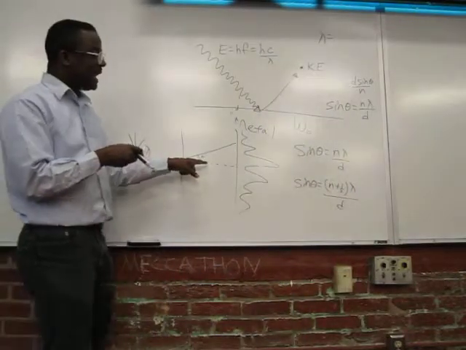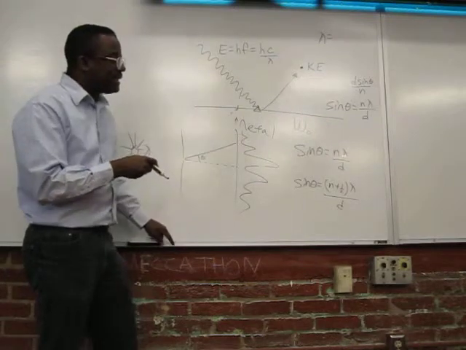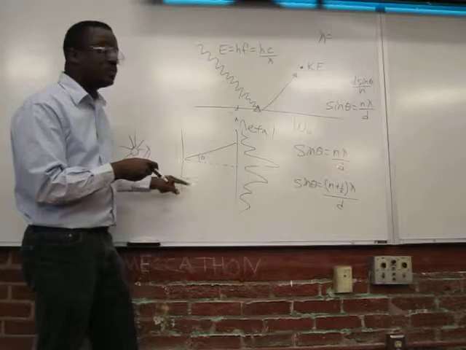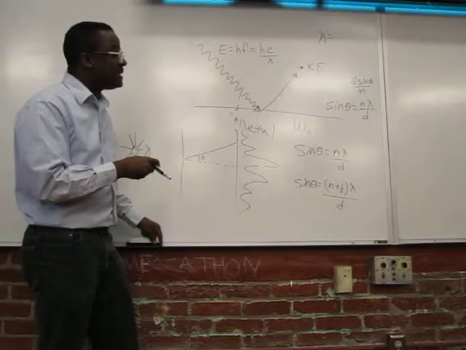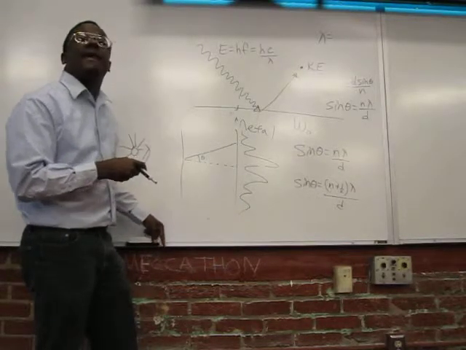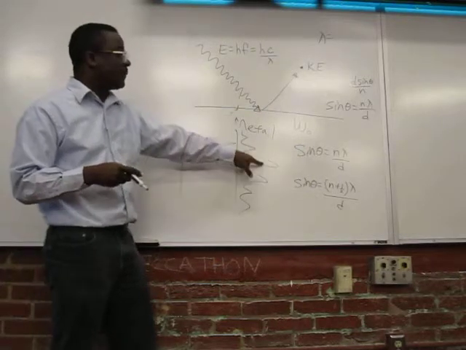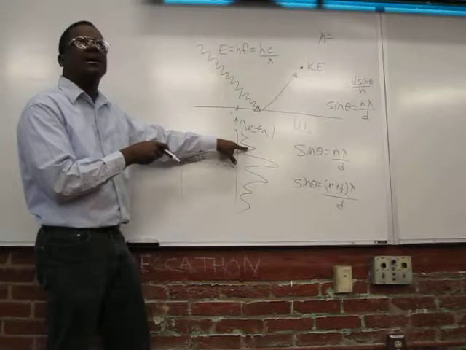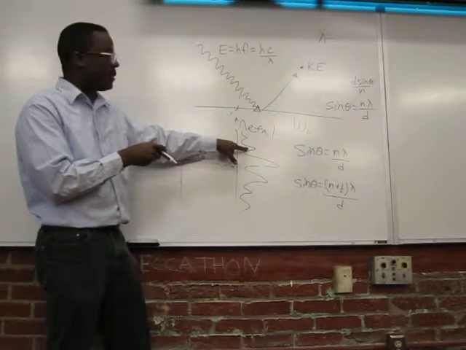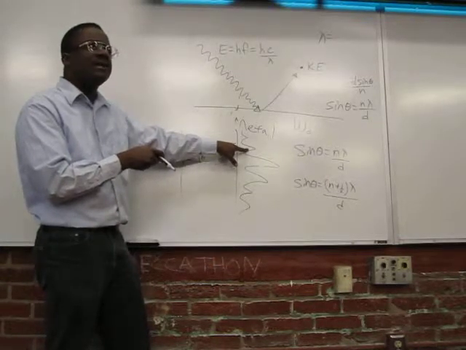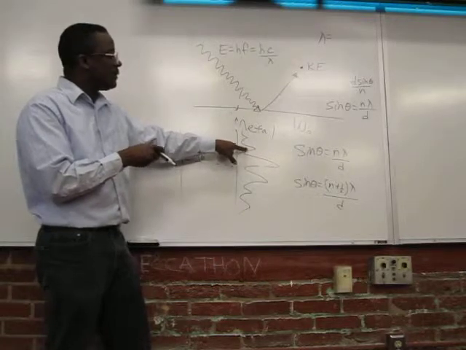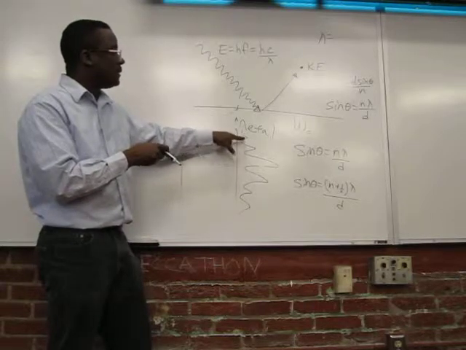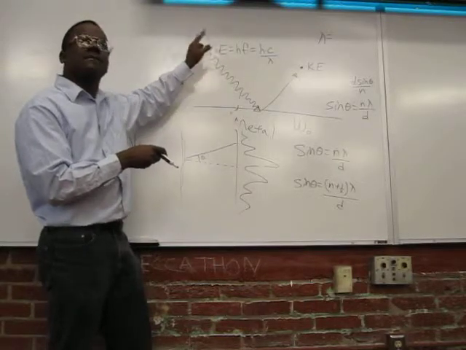This is the angle that you're looking at. This is the wavelength of the monochromatic light. This is the distance between the two slits, d, and this is a number that counts the fringes. For the first bright fringe, n equals 0. For the second bright fringe, n equals 1, and then 2, 3, 4, 5, 6, and so forth.